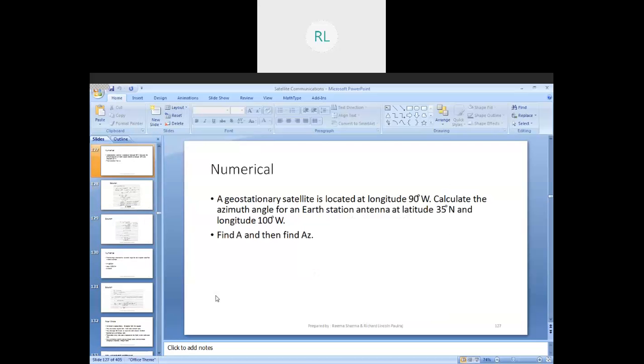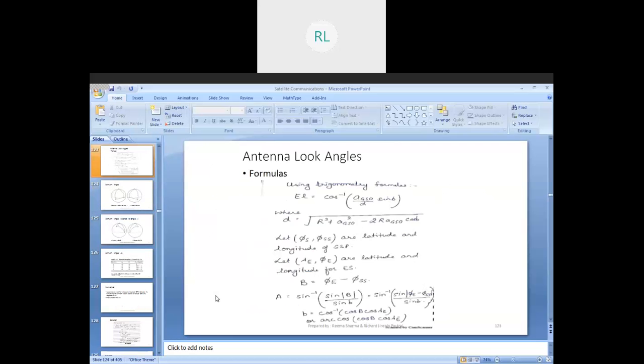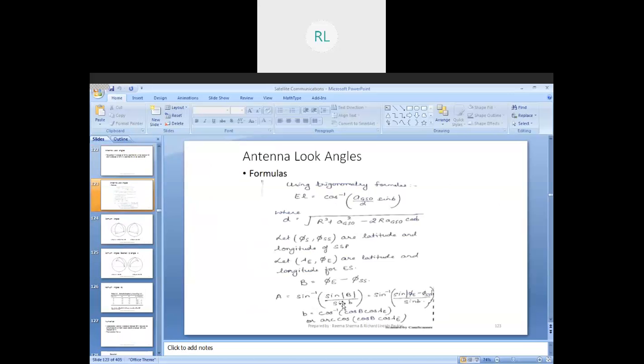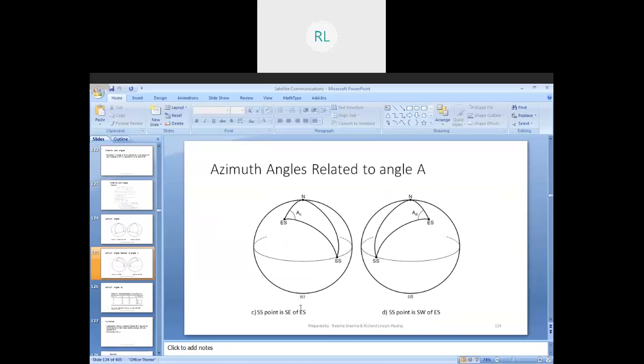Now, they have told us to calculate the azimuth angle too. So we have the formula: A is equal to sine inverse of sine modulus of b over sine b.